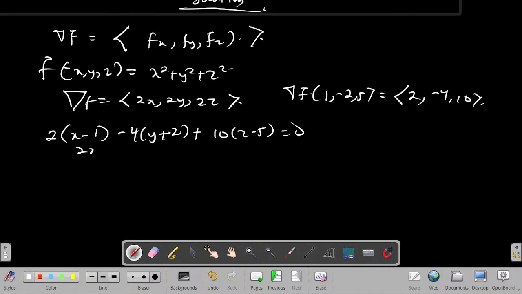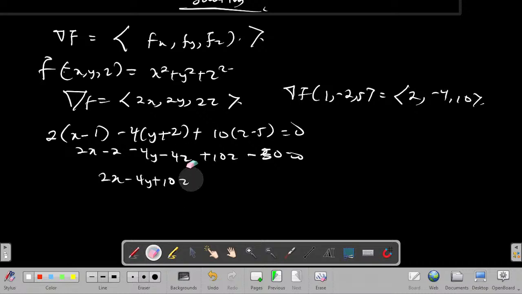So here this gives us 2x minus 2 minus 4y minus 8 plus 10z minus 50 equals 0. Sorry, this one was plus 2, so minus 8. So 2x minus 4y plus 10z minus 2 minus 8 minus 50 equals 0, that is minus 60.